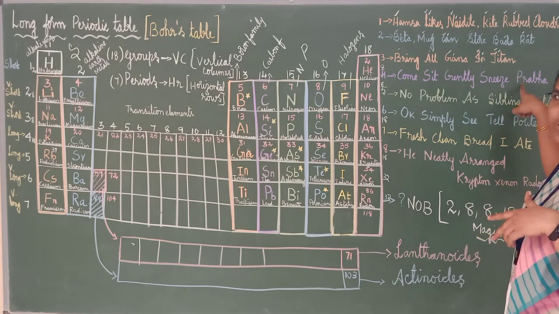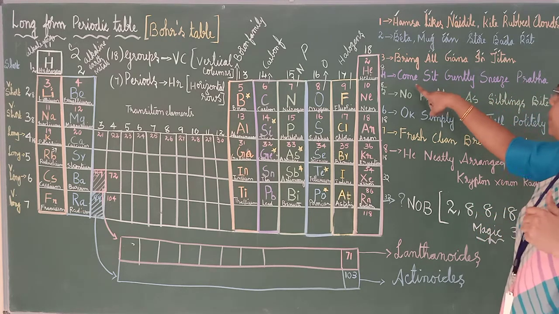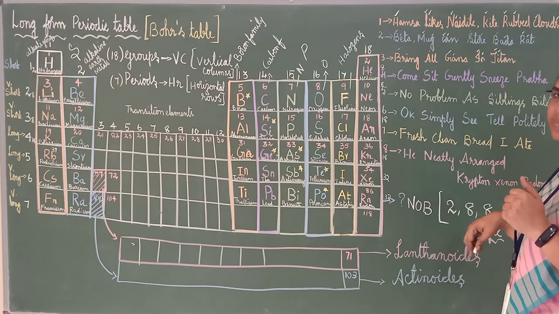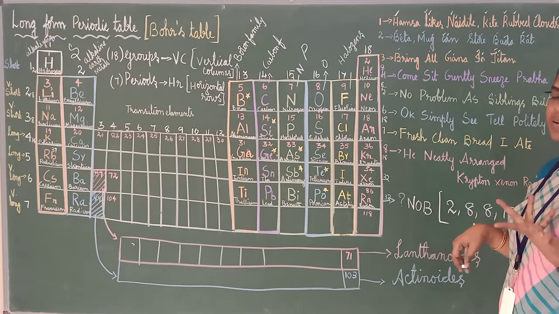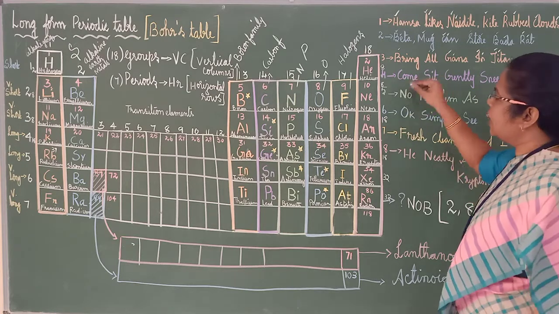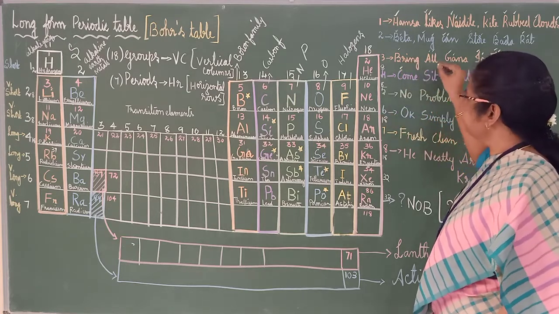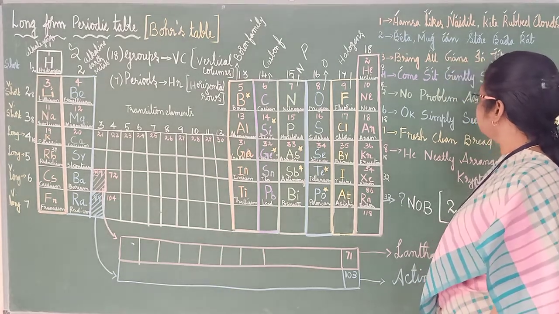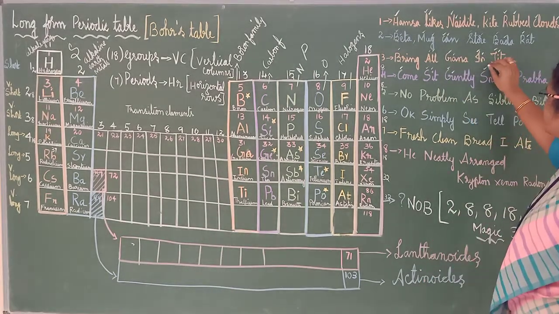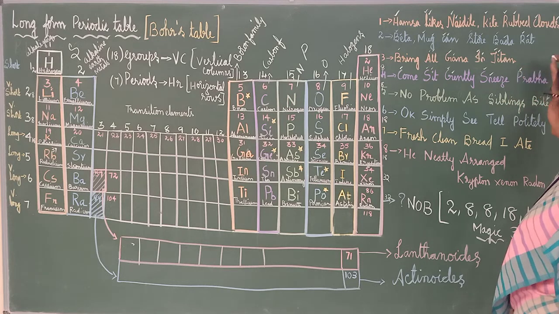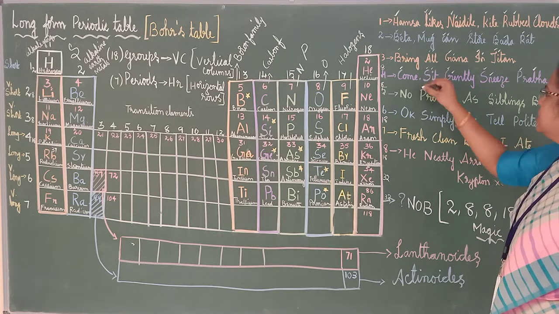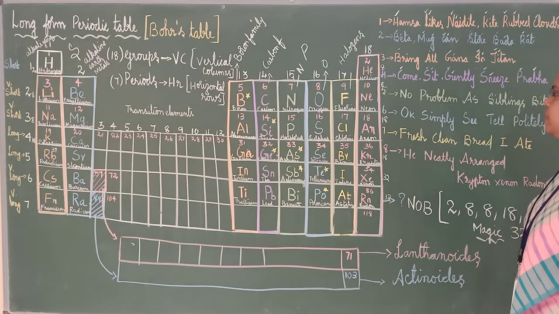Who is standing outside? Prabha. Okay. Come, sit, gently sneeze, Prabha. The way she is sneezing, you feel somewhat. So you are telling: carbon, C; Si is for silicon; Ge for germanium; Sn for tin; and Pb for lead. Okay, come, sit, gently sneeze, Prabha.